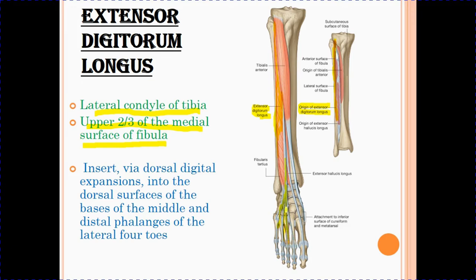You can see it is divided into 4 tendons, and the 4 tendons run towards the lateral 4 toes. The extensor digitorum longus tendon inserts via dorsal digital expansion into the dorsal surface of the base of the middle and the distal phalanx of the lateral 4 toes.